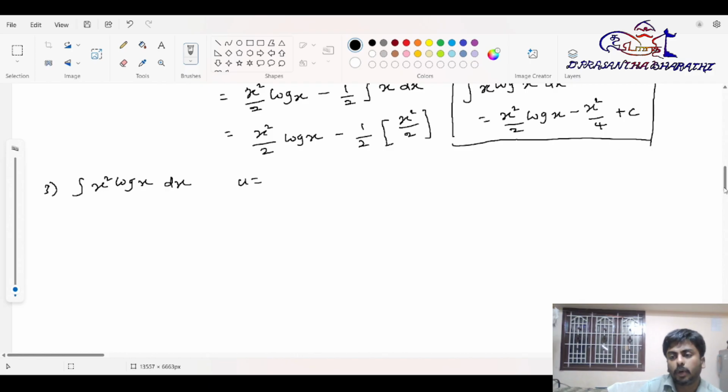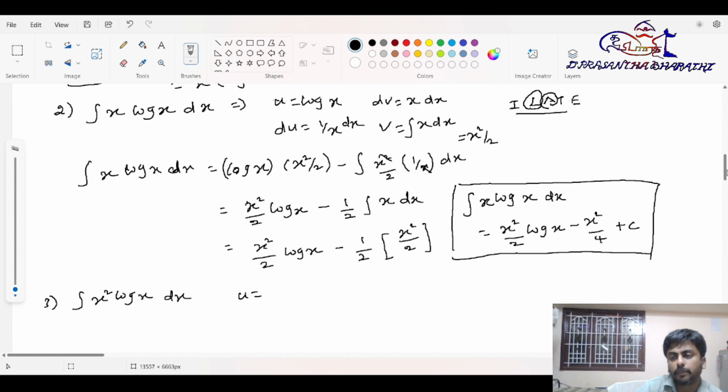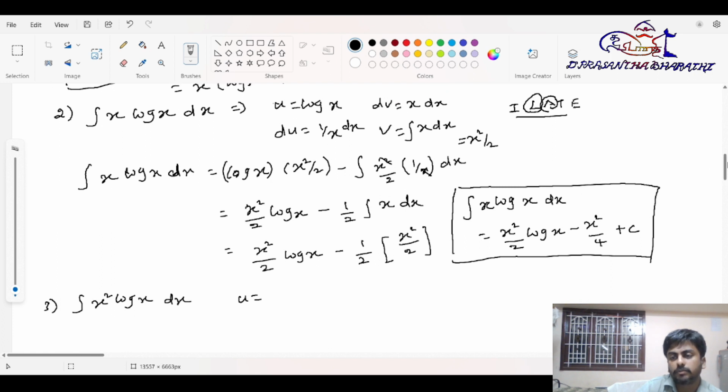It is not possible to apply Bernoulli's formula here, because when you apply Bernoulli's formula, u should become 0 on continuous differentiation: u dash, u double dash, u triple dash, at one fine moment u should become 0. But here u will not become 0, so it is not advisable to apply Bernoulli's formula, so go for integration by parts.